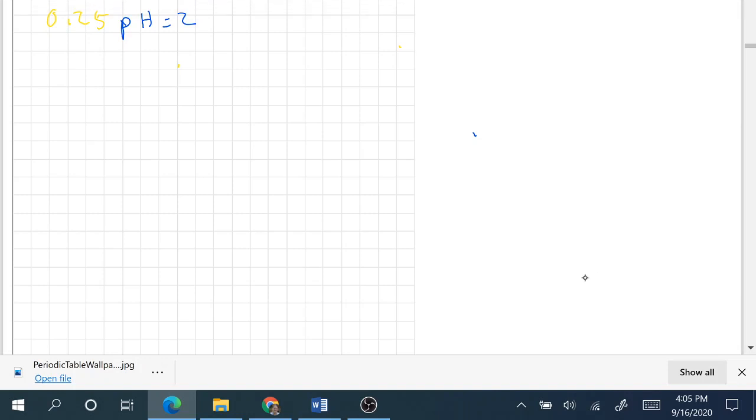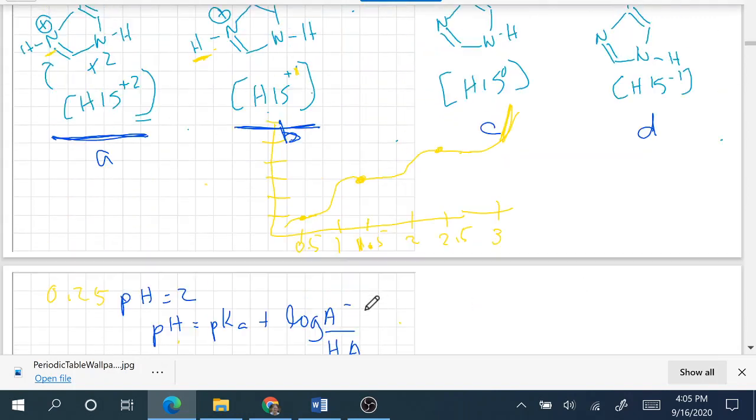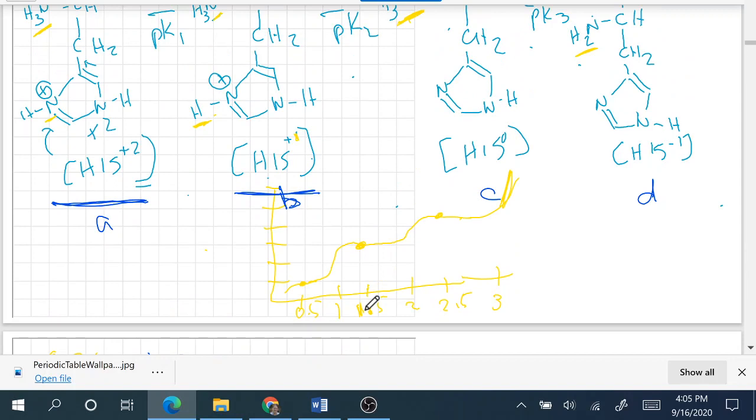So pH is equal to the pKa plus the log of A minus over HA. Okay, that's our Henderson-Hasselbalch equation. So A is our HA, and B is our A minus.